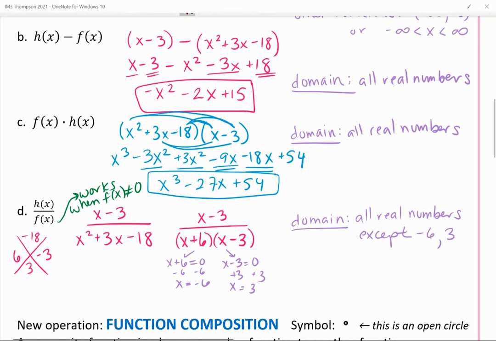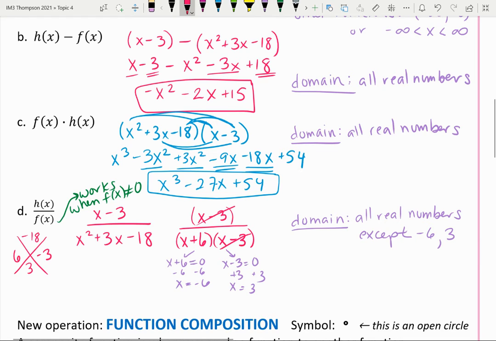I still have to go through and reduce this answer. So I do have a factor on top, x minus 3, and a factor on bottom, x minus 3. On top, that just leaves me with 1. And on bottom, it leaves me with x plus 6. That's my simplified expression.